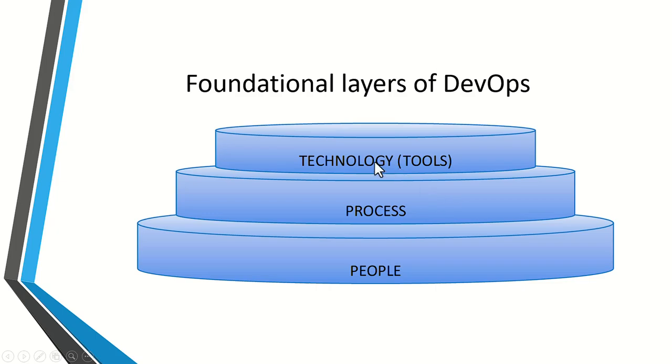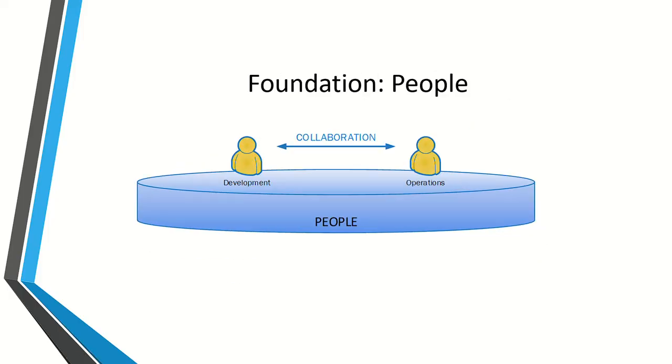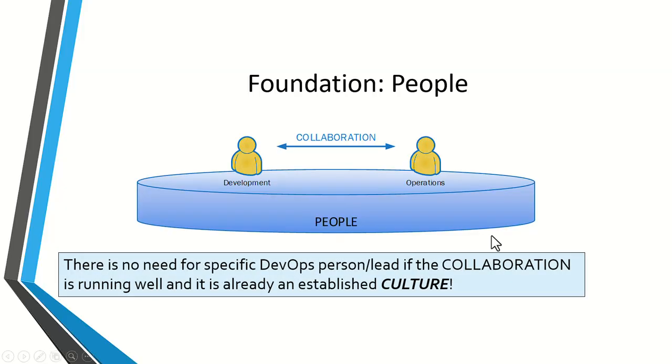If the technology is there, especially if you do some procurement, especially licenses or how many users are being charged and so on, then this will also go useless and wasted. So people come first, and then after you define the people and the collaboration, then you can have the process.